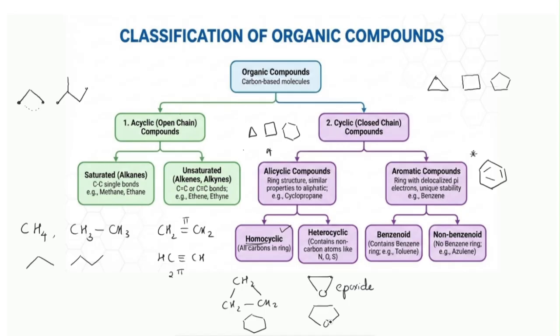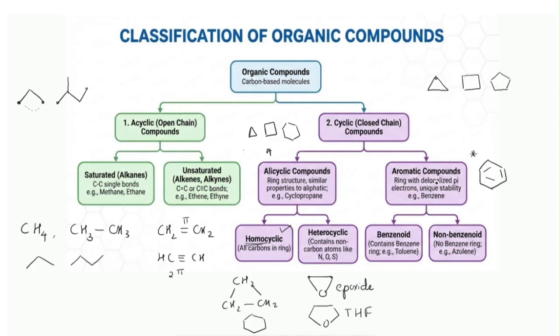So I'm going to write a 5-membered ring, which is heterocyclic because of the oxygen. And the name of this molecule is tetrahydrofuran, THF. So these are heterocyclic compounds.